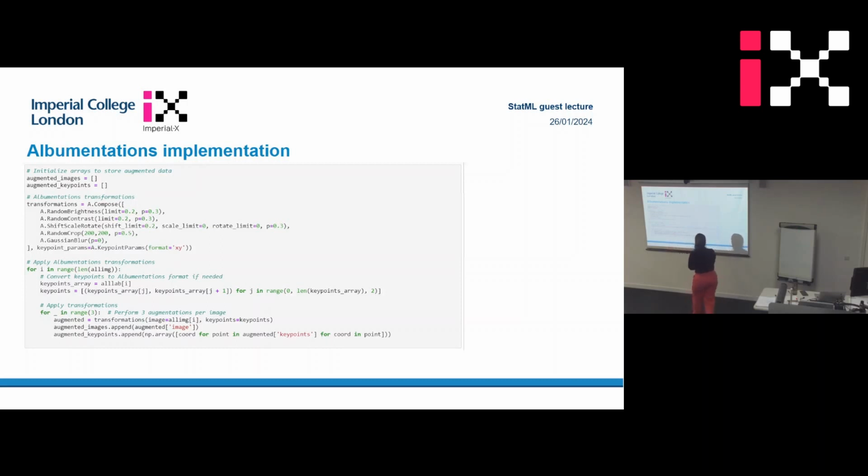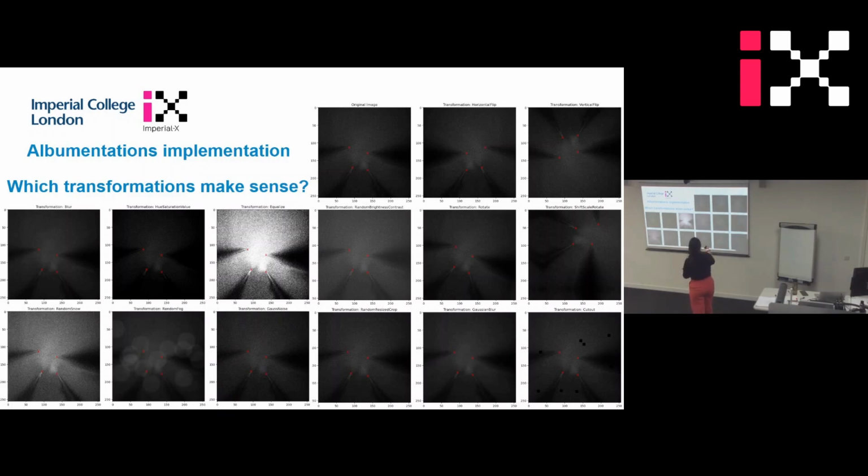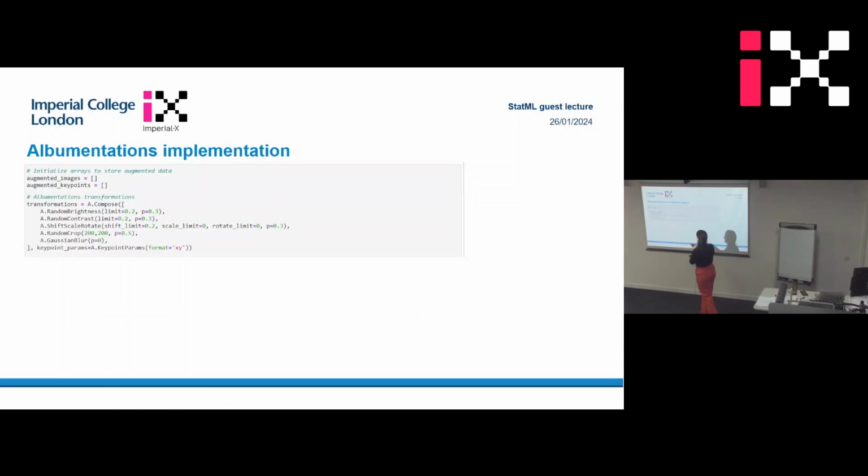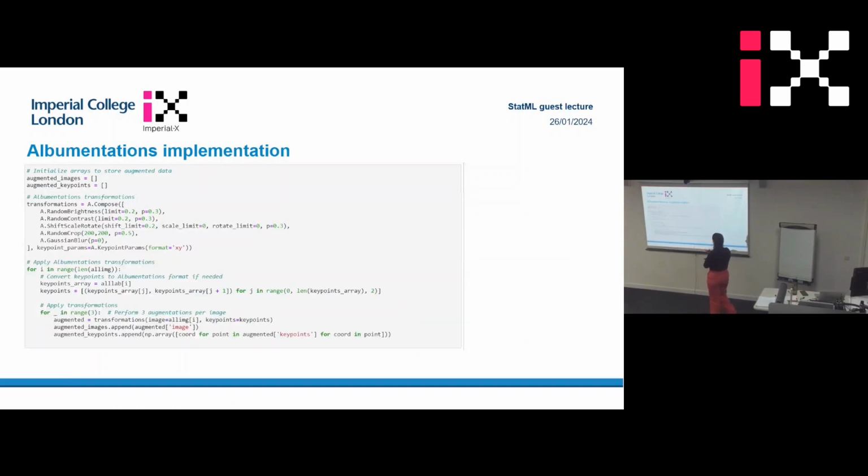As you saw in the previous example, it was flipping, resizing or rotating things, and the tips are still correctly localized, right? That's what this part here is doing. It's telling the code, those are my key points. Please transform them at the same time that you transform the image.